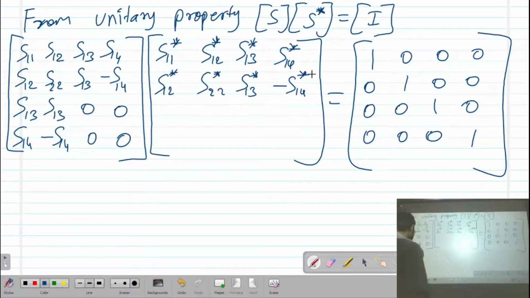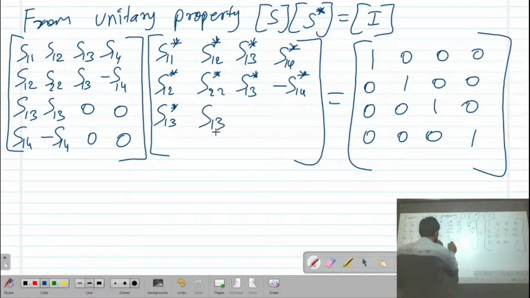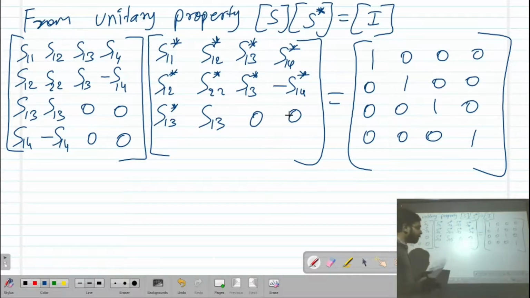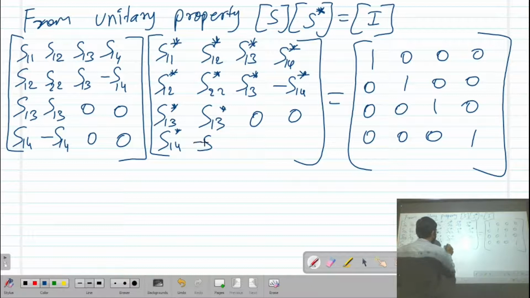Similarly, we will also have S13 star, this is S13, this is 0, this is 0, this is also 0, that is also 0, and S14, minus of S14 star, 0, 0.